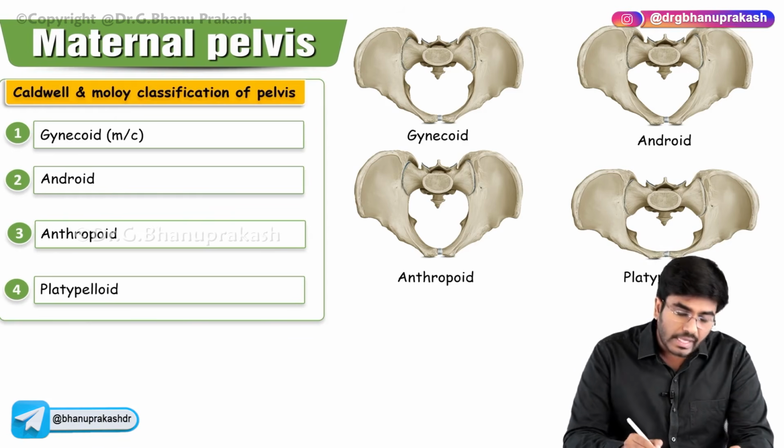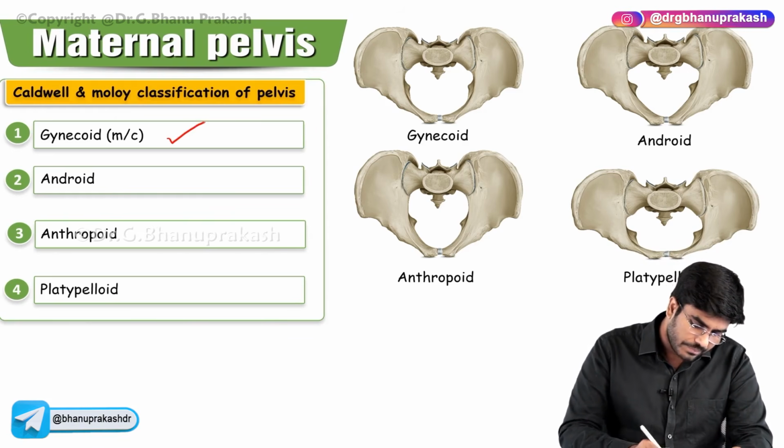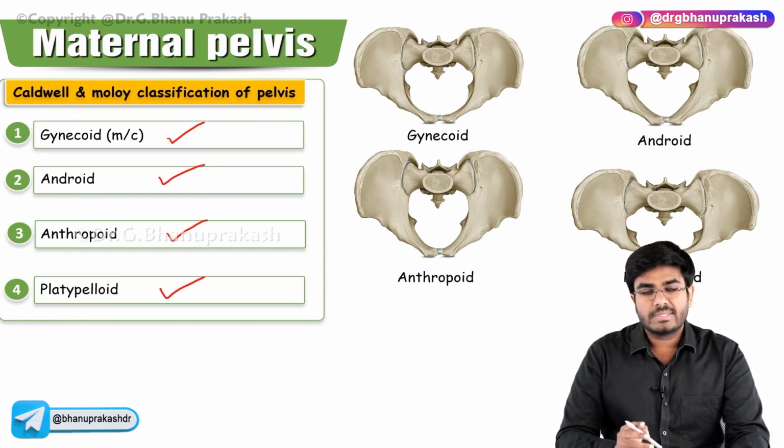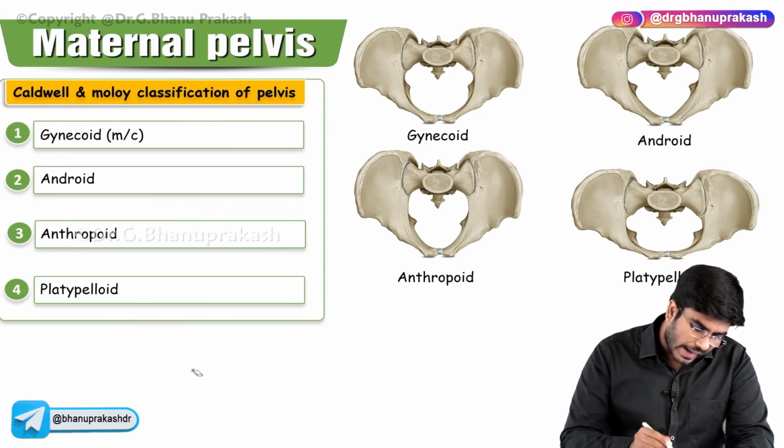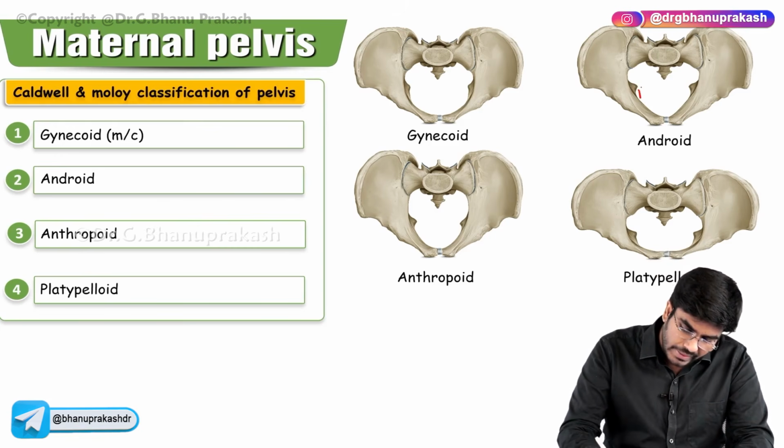Now, there are 4 different types of pelvis: gynecoid pelvis, android pelvis, anthropoid pelvis and platypelloid pelvis. Out of all, gynecoid pelvis is the most common. Android pelvis means male type pelvis.